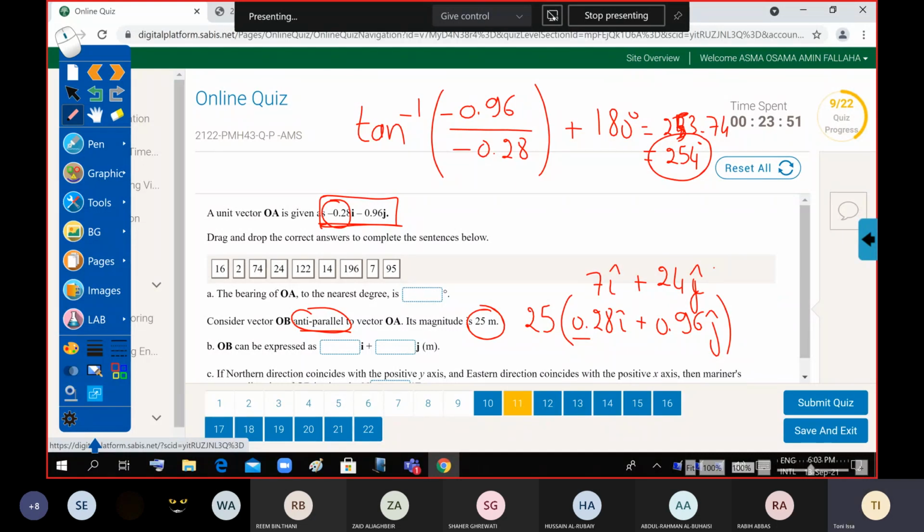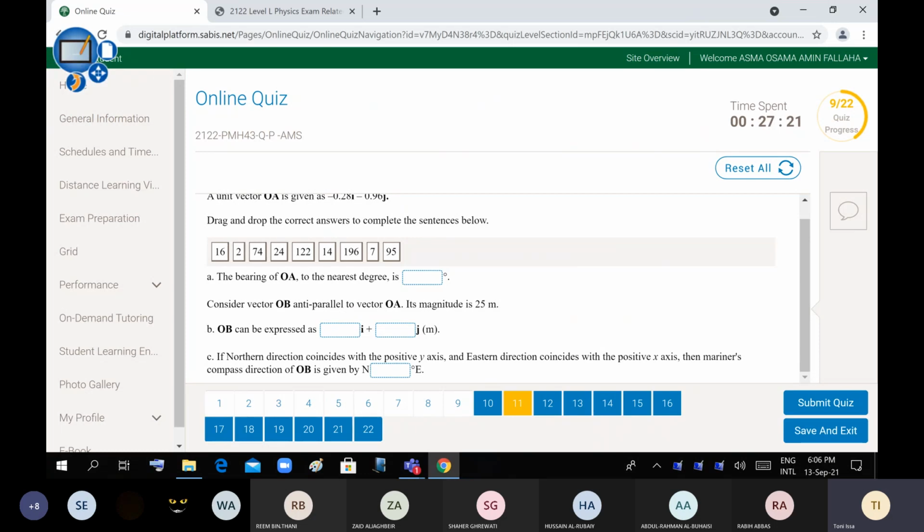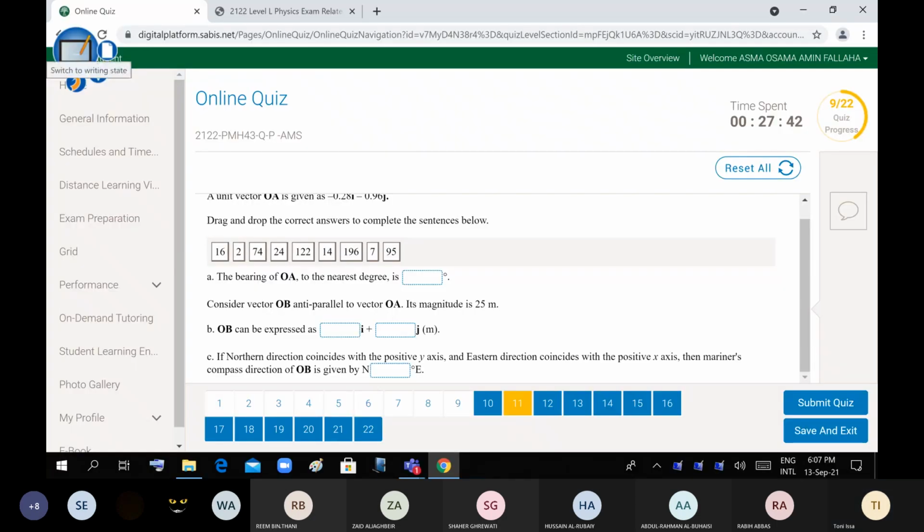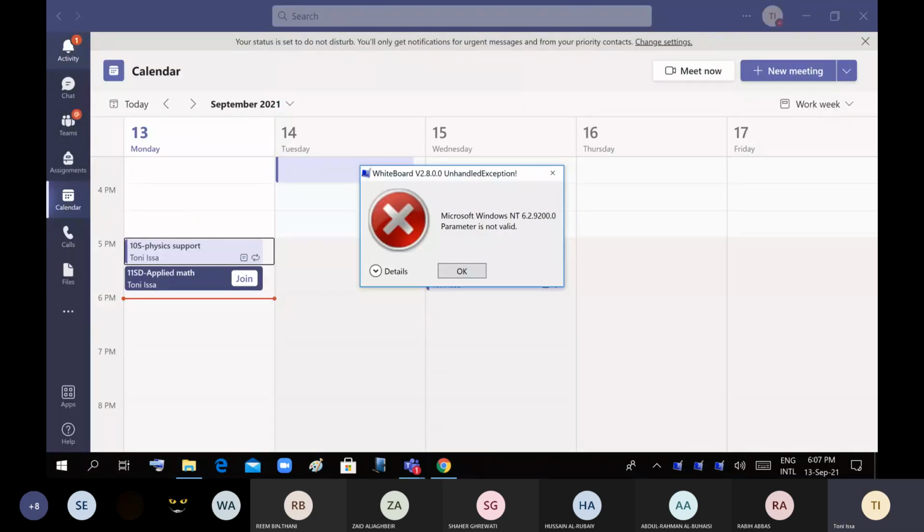Okay. Part C. If the eastern is positive, the mariner's compass direction of OB. Remember, what did we get for OB? This is what we got for OB.